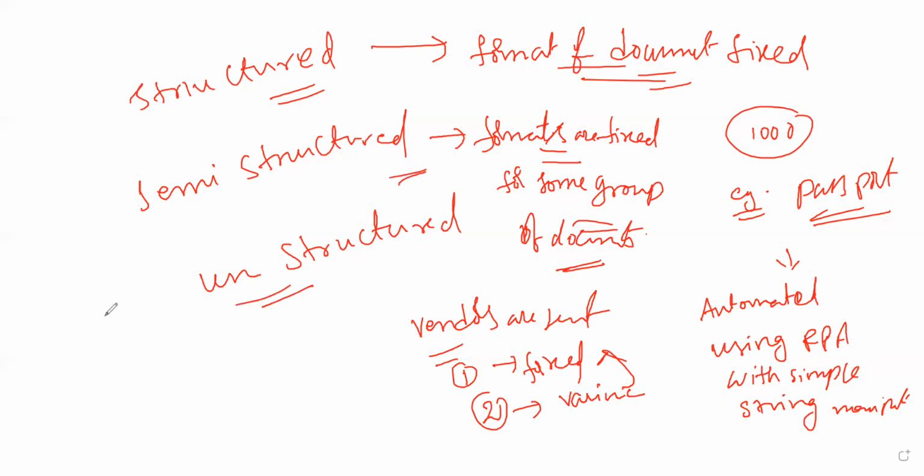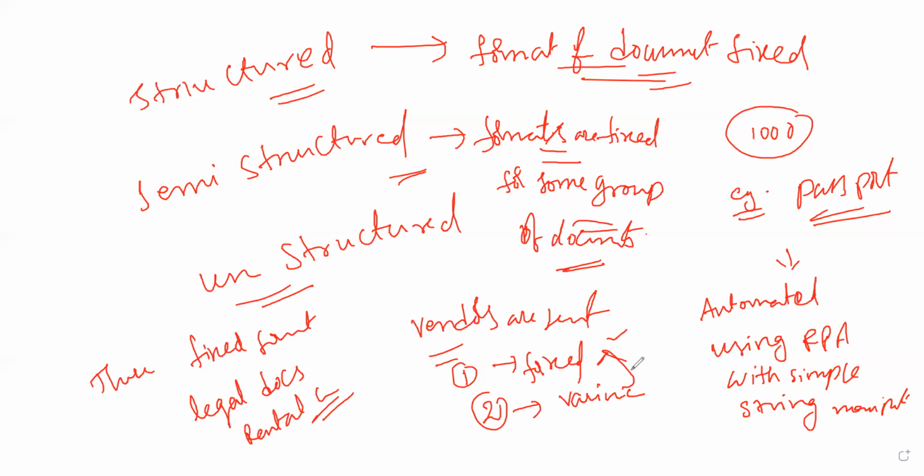And unstructured means there is no fixed format. Examples are legal documents and rental agreements. These will be completely unstructured. There won't be any format. When it comes to invoices, we know there will be an invoice number, a date, line items and all these details.